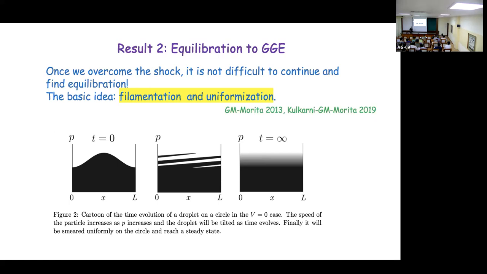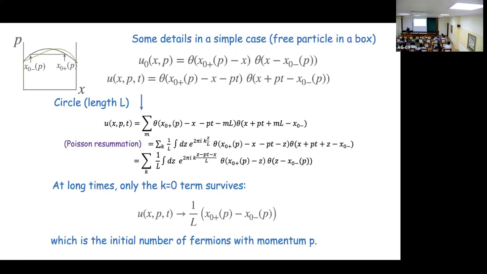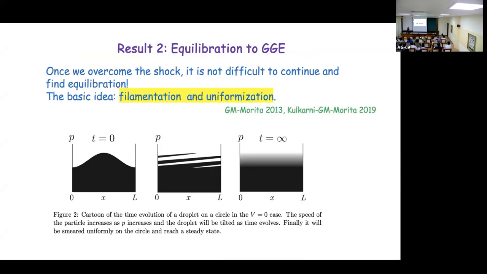But you can actually prove this. I don't have time to do this one, but you can use some trick of Poisson resummation, etc., to actually show that not only does it reach there, but this density here actually corresponds to the GG density.